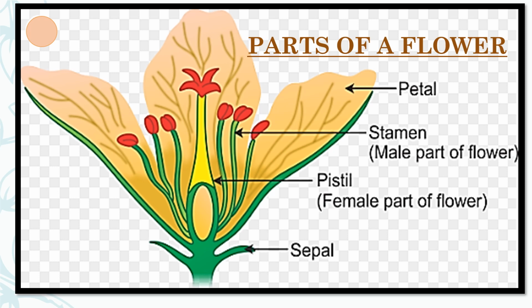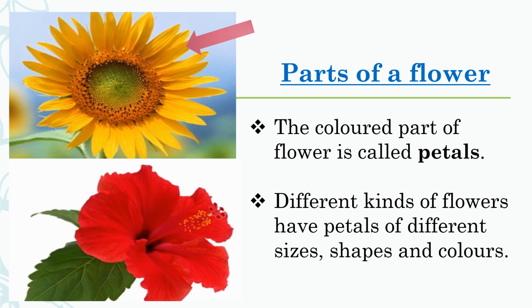petal, sepal, stamen, that is the male part of flower, and pistil, the female part of flower. The colored part of flower is called petals. The most attractive part of the flower, look at this picture. Okay, so these are petals.